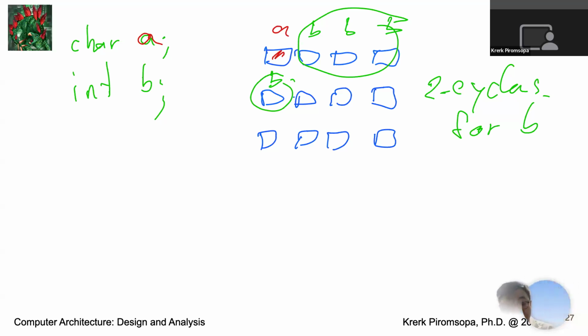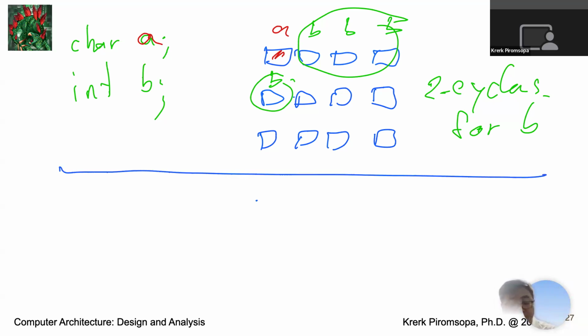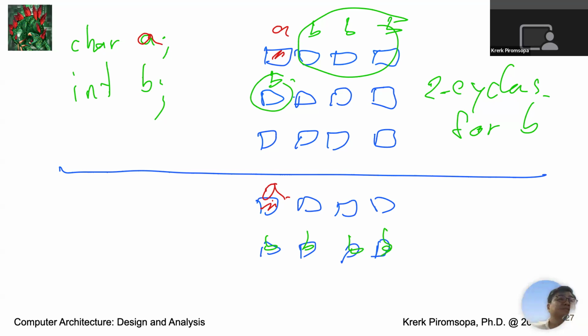Okay, so another way to think about it. What if I put A here and I put B here? Now I can read B within 1 cycle.